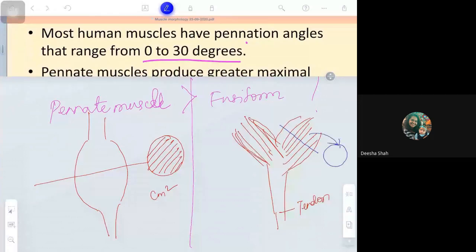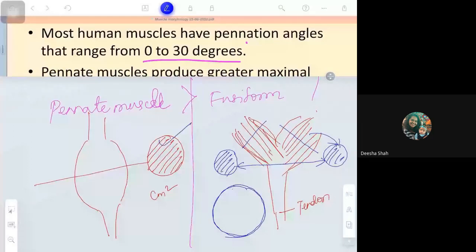And when you make the cross section here, you will get this much. Clear? When you add these two, you will get a big cross section, more cross sectional area. Clear? So now compare this muscle and this muscle.